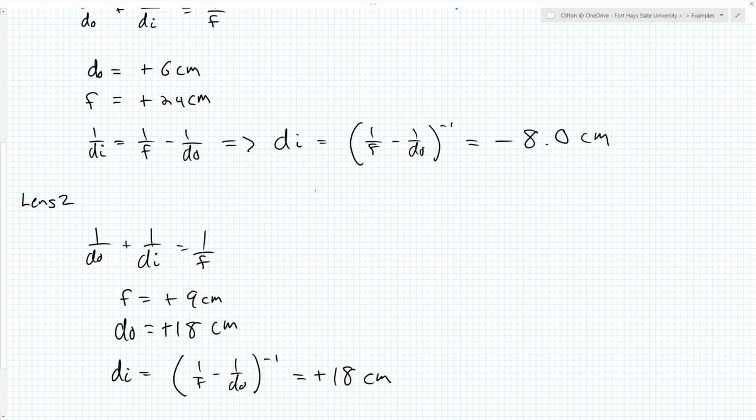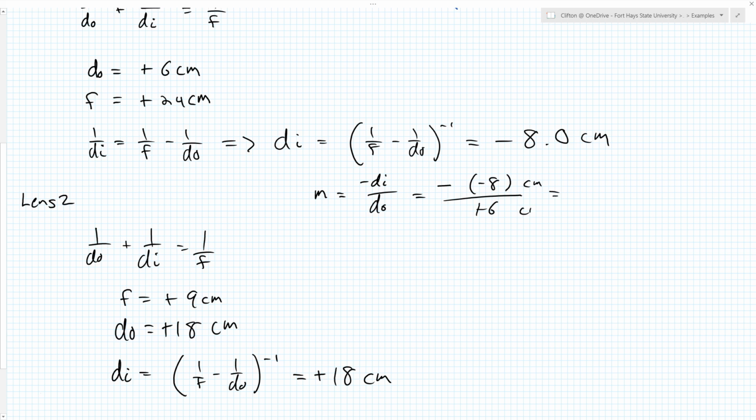The magnification is the ratio of the image height over the object height, but we can also write that in terms of the distances. So it's negative image distance over object distance. That is going to give me a negative 8 centimeters over the object distance, which was a plus 6 centimeters.